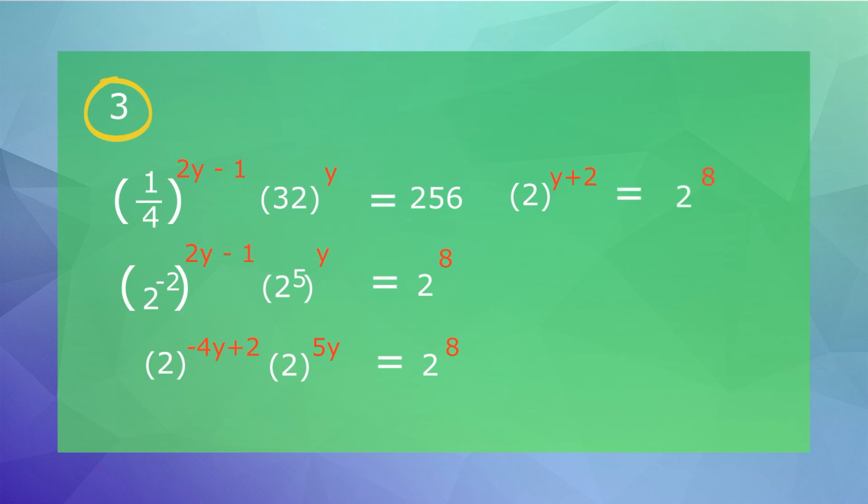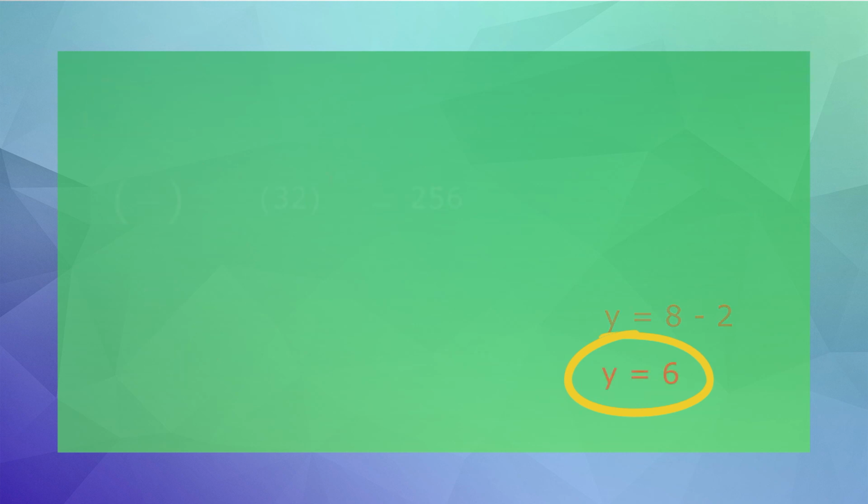Now that we have the bases all equal, we can now drop them and equate the exponents. y plus 2 is equal to 8. Then transpose 2 to isolate y. y is equal to 6. And that is our final answer.